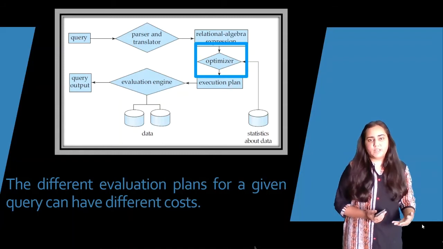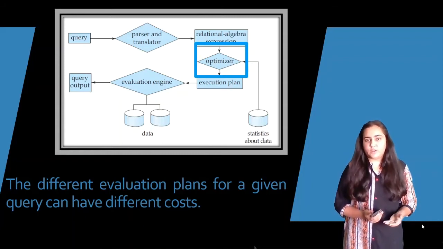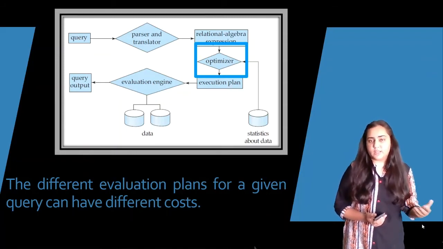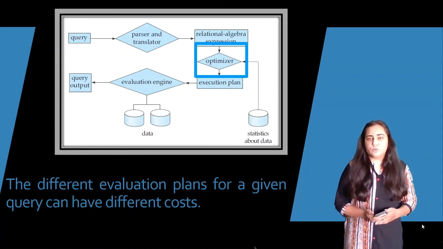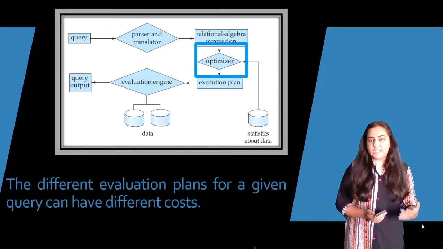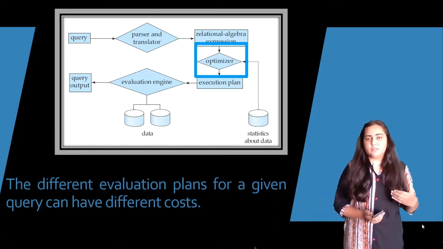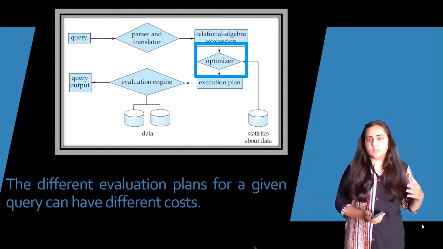Now, different evaluation plans for a given query can have different costs, like I said before. So depending on which evaluation plan costs the least, we select an evaluation plan. And this cost is evaluated on the basis of how much time each operation will take.